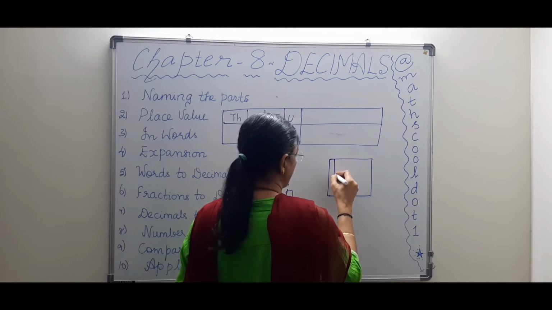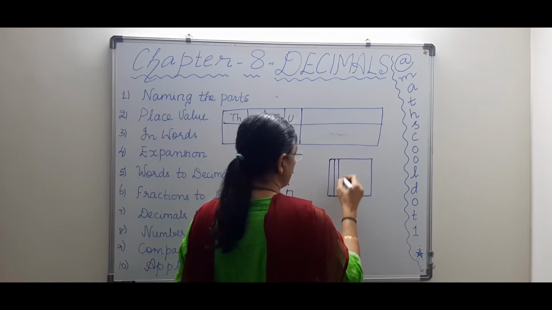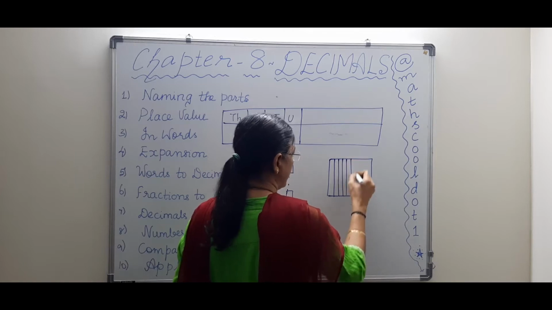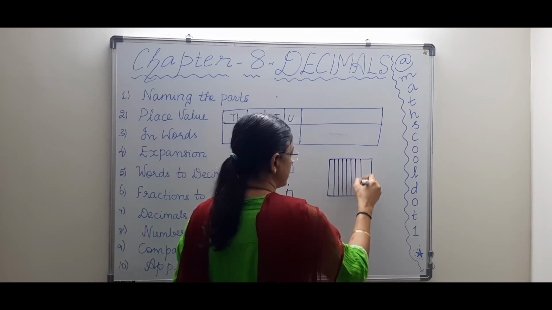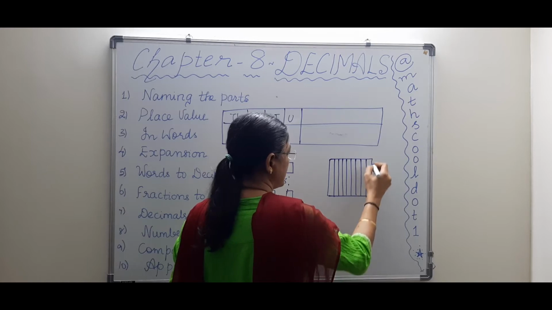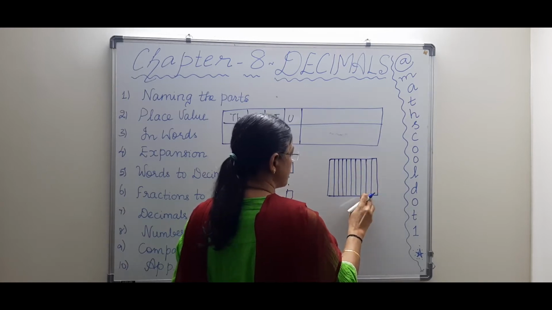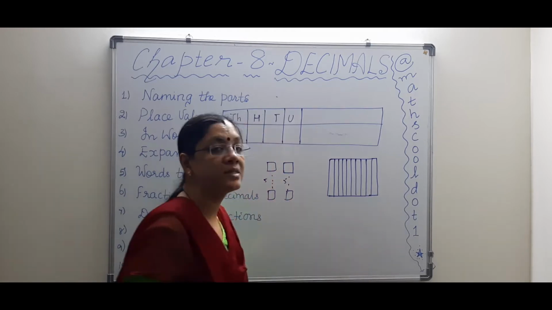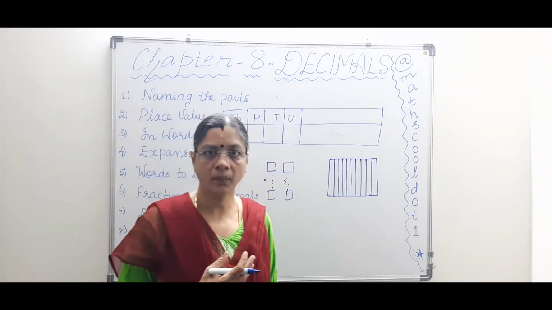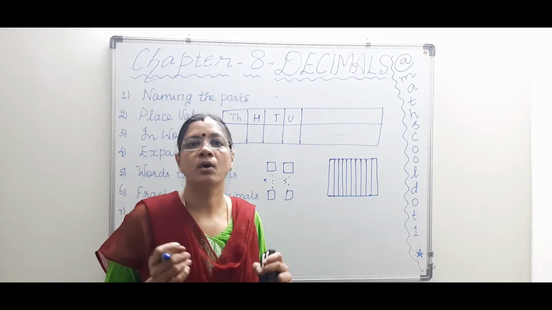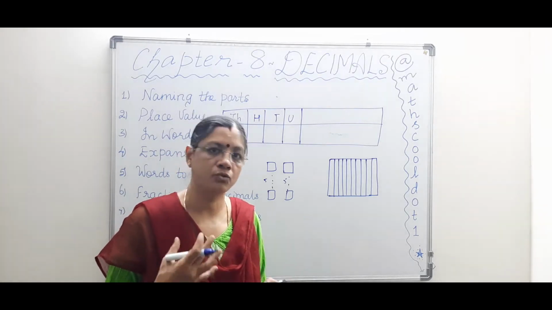So 1, 2, 3, 4, 5, 6, 7, 8, and this is 9, and I'm adding one more because I don't have space. So there are 10 equal parts here. Do you understand? So I have divided the square into 10 equal parts.